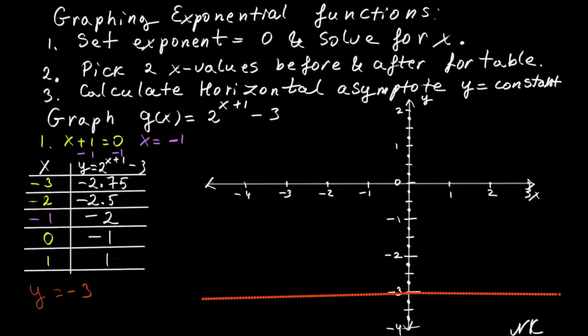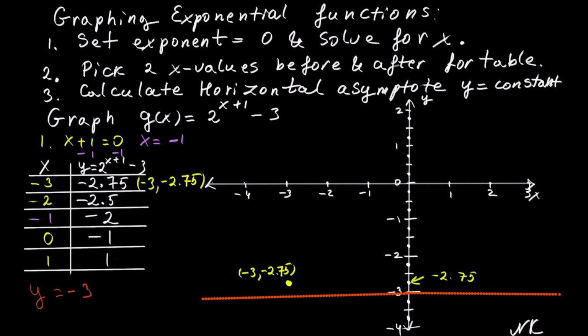The first point is at x equals negative 3 and y is negative 2.75. Y equals negative 2.75 is 3/4 down from negative 2 towards negative 3. So here's our point of negative 3, negative 2.75.